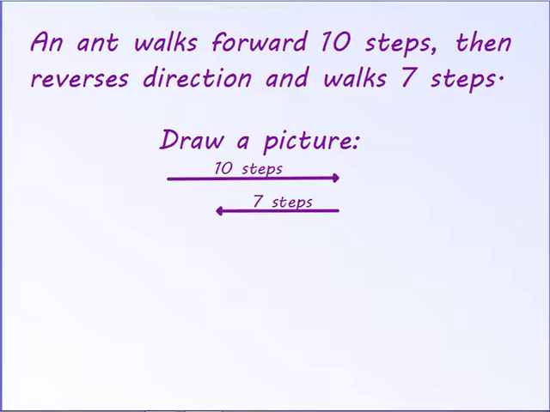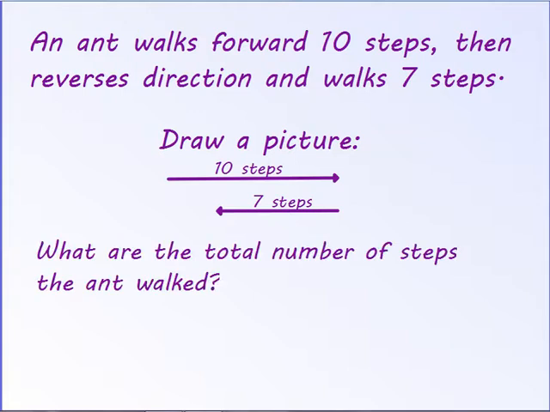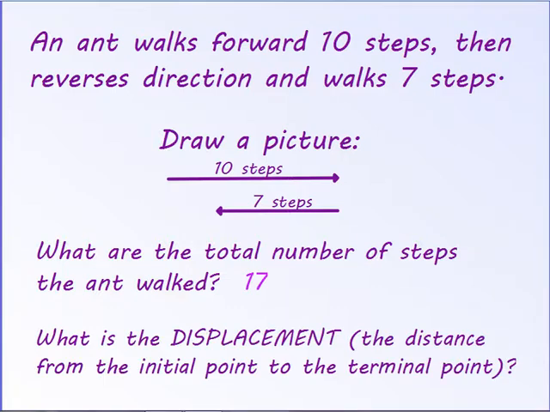The picture of that is going to look like this, showing that I went 10 steps in one direction, and then from that same ending place, now I went 7 steps back. What are the total number of steps that ant walked? Well, if I add the two together, 10 plus 7, there are 17 steps that ant took.